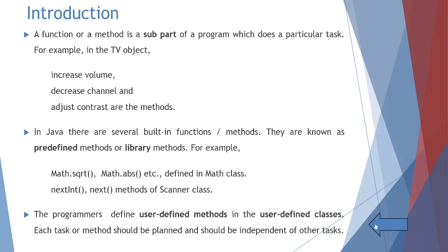Now, a function or a method is a subpart of a program. It does a particular task. For example, we have created a program for a TV object. There are several subtasks: increase volume, decrease channel, adjust contrast, and so on and so forth.